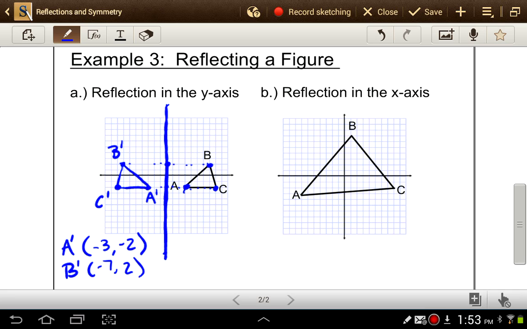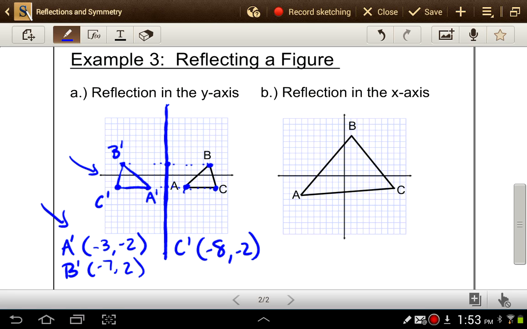So negative 7, 2. And then C prime, that is 1, 2, 3, 4, 5, 6, 7, 8 to the left. Negative 8, and then it goes down 2. So negative 8, negative 2. So those are my points. So you're going to have to draw the reflection and give the points of the image that you have. Do not forget to use prime notation in your points.